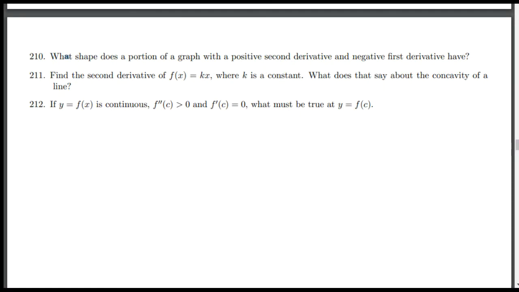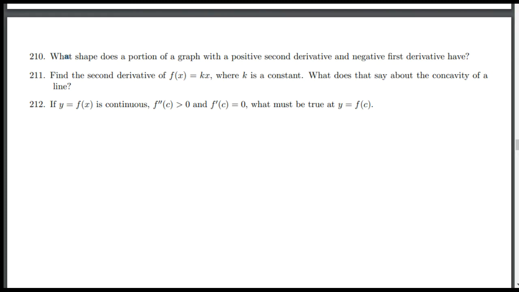Question 212. If this function is continuous and the second derivative is positive and the first derivative is equal to 0, then what must be true right at the point C?